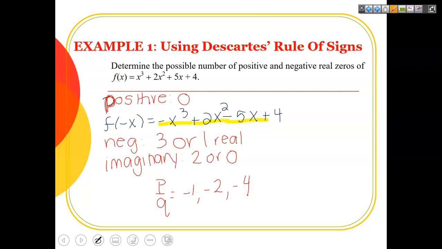So if you were going to set up synthetic and try to find them, you were only using the negatives. So again, these are your possible rationals. Not guaranteed, possible.